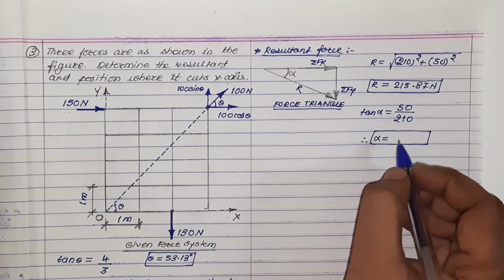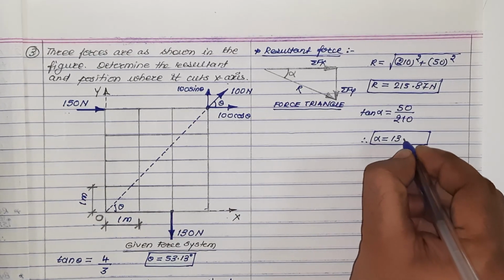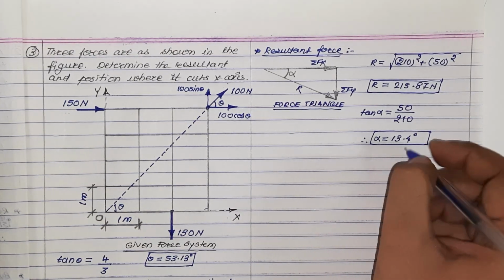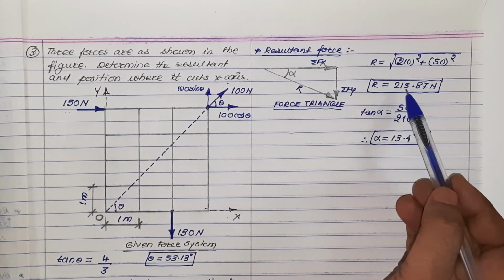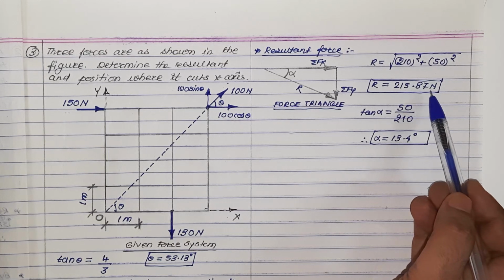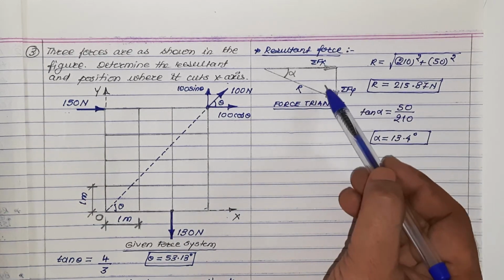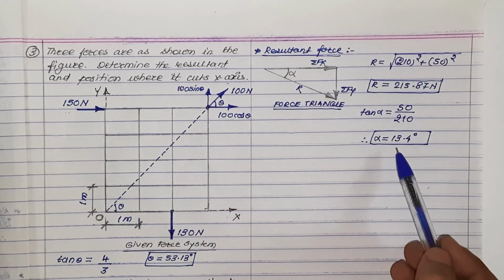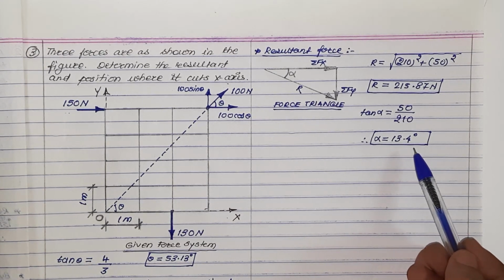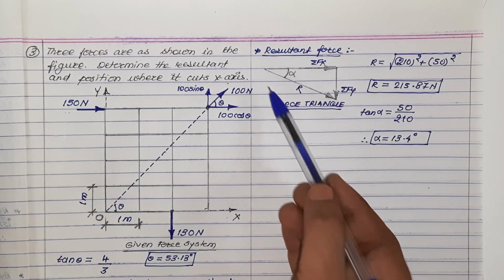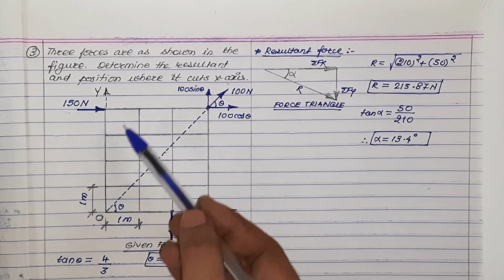From this we will get alpha is equal to 13.4 degree. Thus, from this we can understand resultant of 215.87 Newton is acting down to the right at 13.4 degree inclination with horizontal.